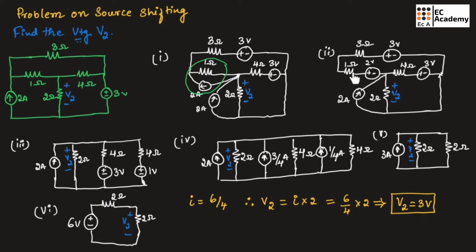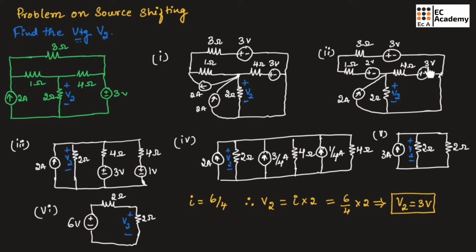And 1 ohm is connected in series with this voltage source. Now in the next step, this current source and the resistor will be written as it is. This resistor will not be simplified because we need to find the voltage across this resistor, which is V2. So we'll keep this resistor as it is. So 2 ampere and the resistor are connected as it is.